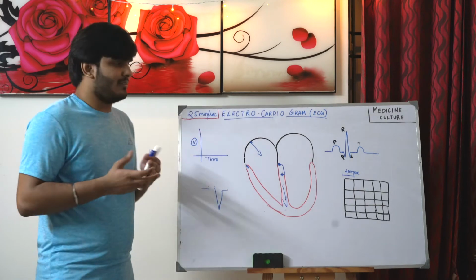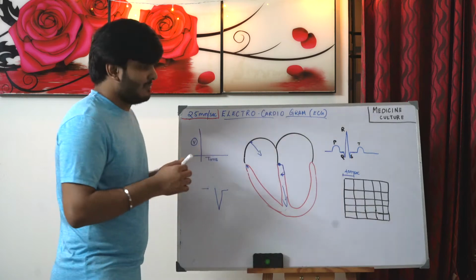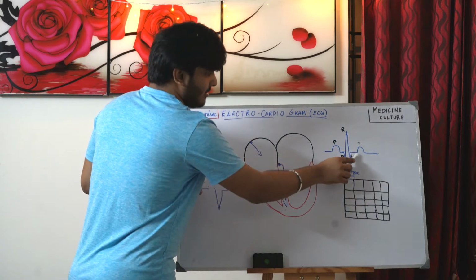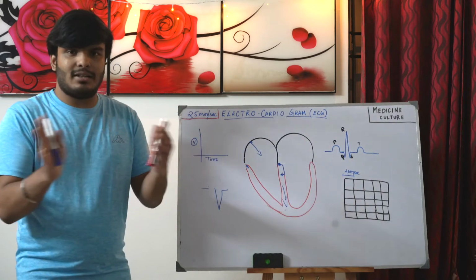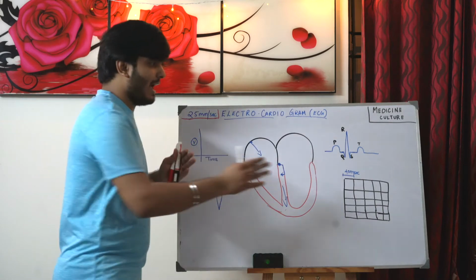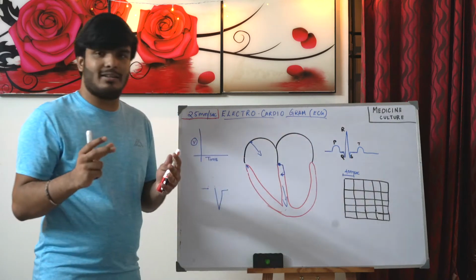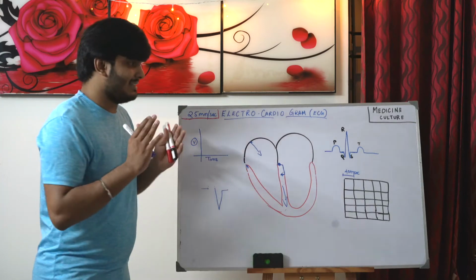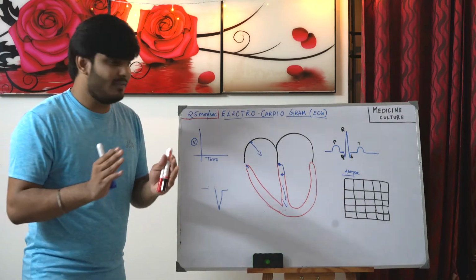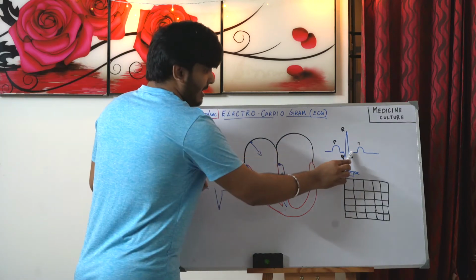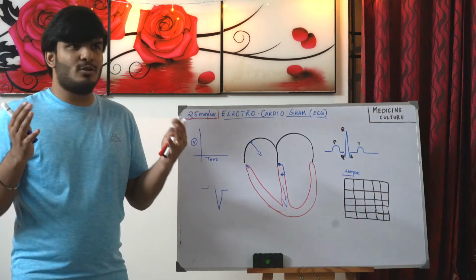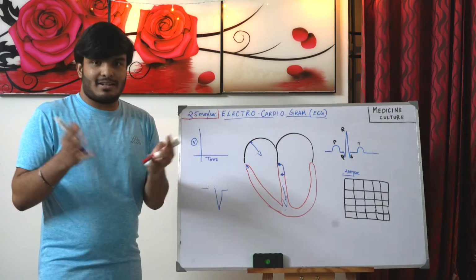Ventricles contract, right? During ventricular contraction there is a small lag between excitation and contraction. So it is in this ST segment that the contraction happens, and that's why there's no impulse or current traveling when this contraction is going to happen.